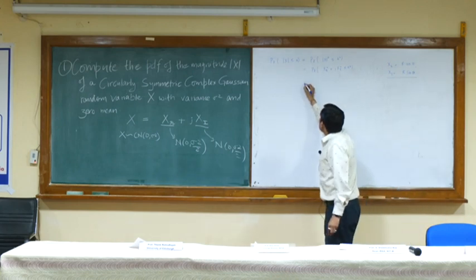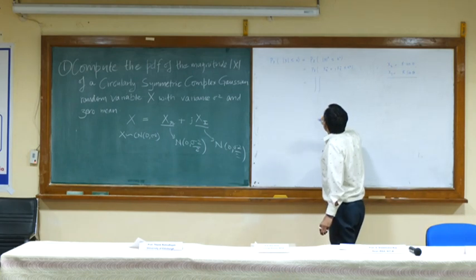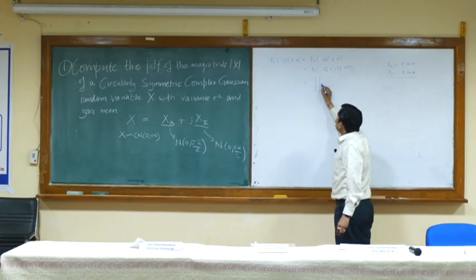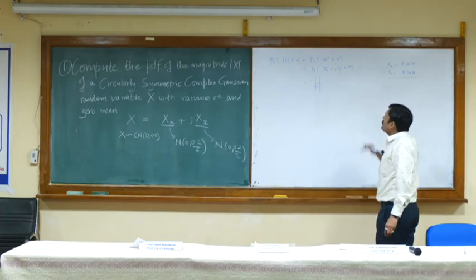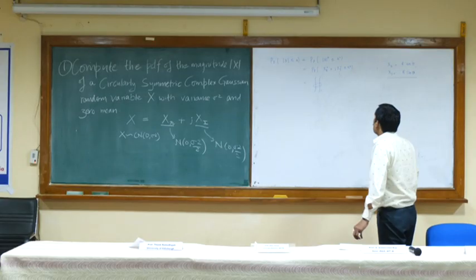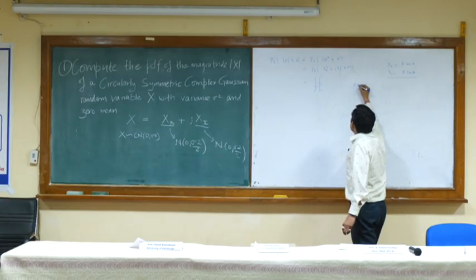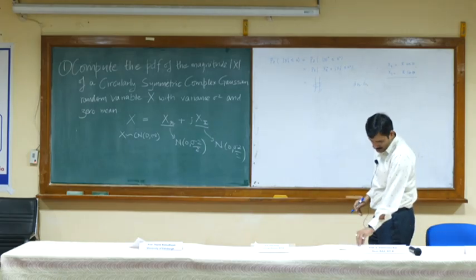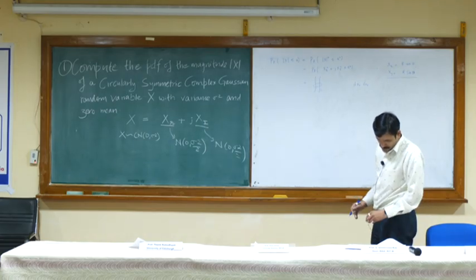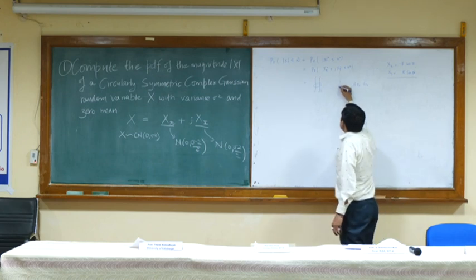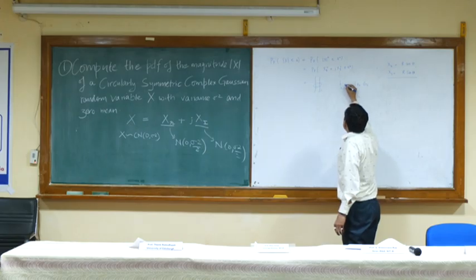So if we do this substitution, let's first write this in integration form. This represents a circle. So let's write the integral over the circle of radius a, and we have two variables here, xr and xi, so we will have d xr and d xi. And I have to write the joint PDF f(xr, xi).